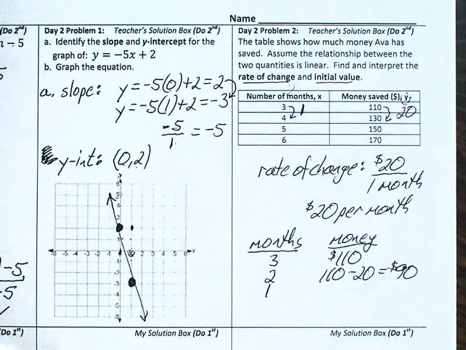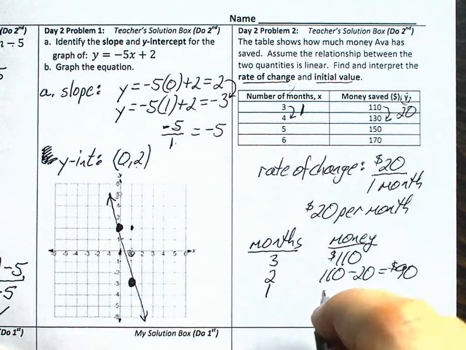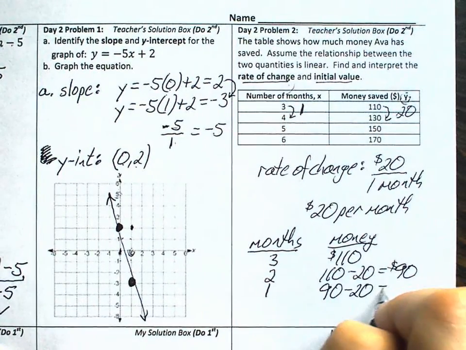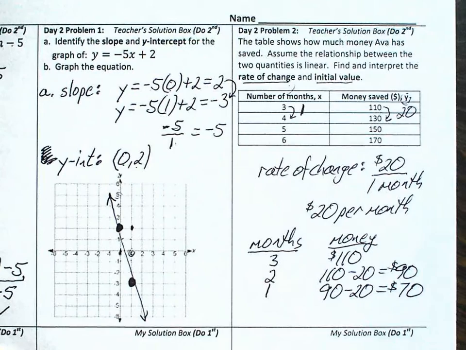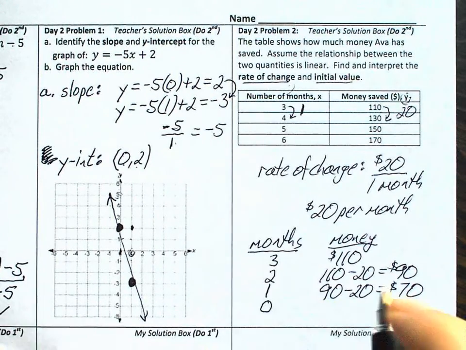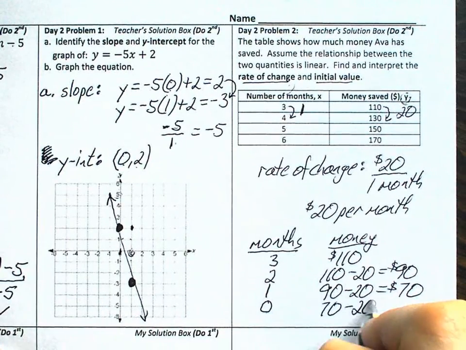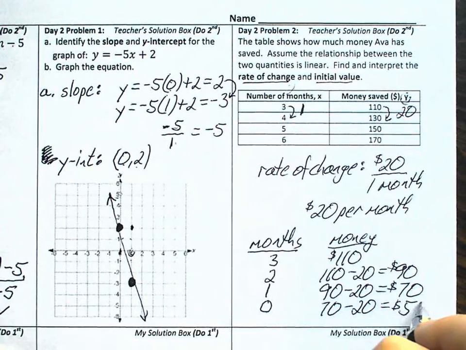How much did she have after only 1 month of saving? So $90 subtract 20 is $70. One more time. How much did she have when the number of months of saving is 0, meaning when she started, when she hadn't saved any extra money at all? So 70 subtract 20 is $50.